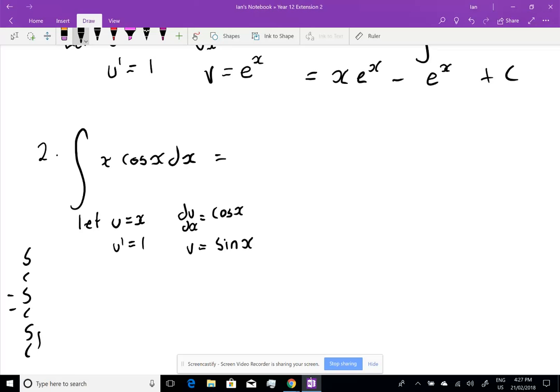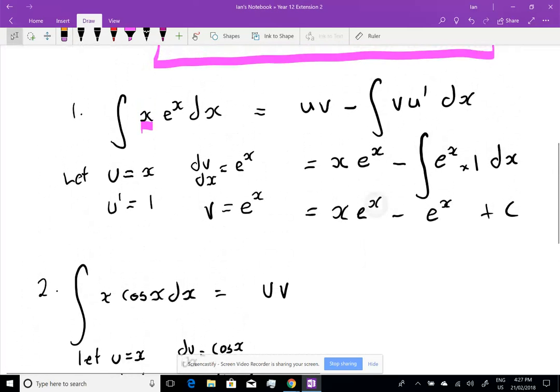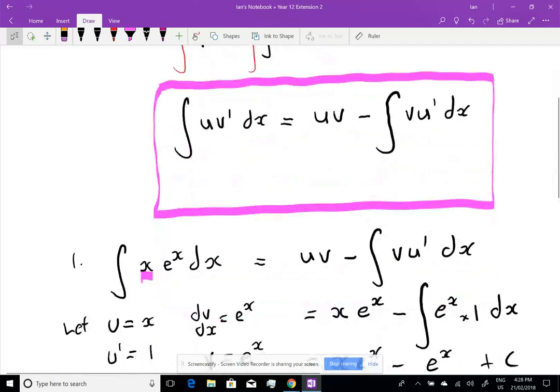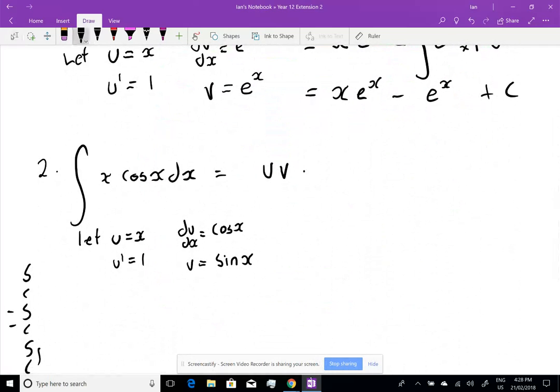And I write my rule. u v minus the integral of v u dash dx. Well, what's my u? x.